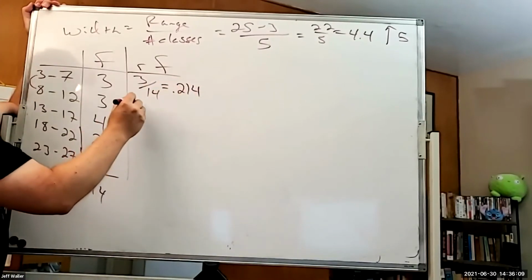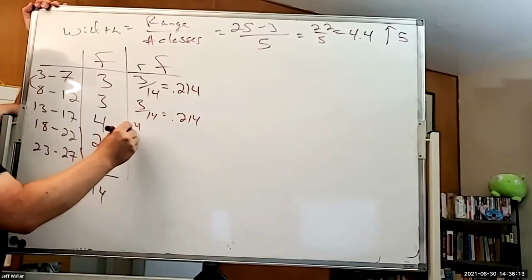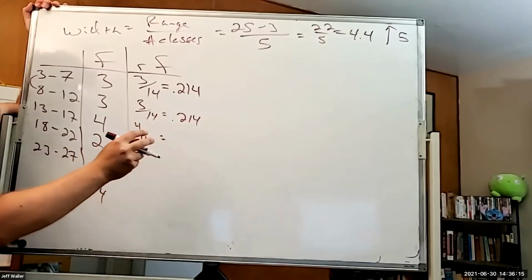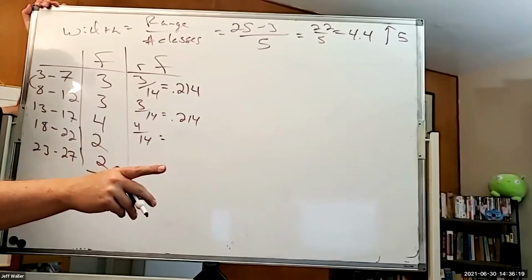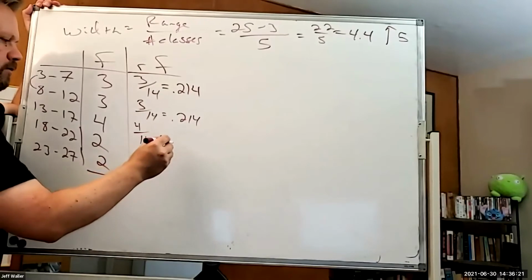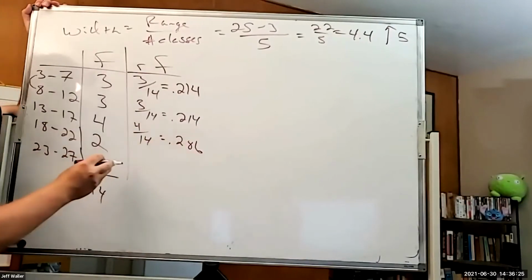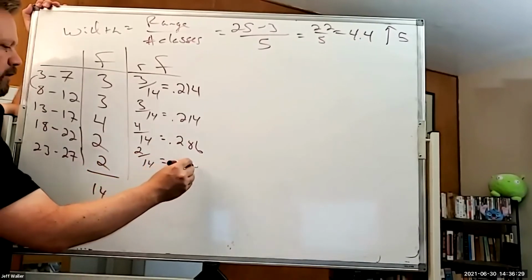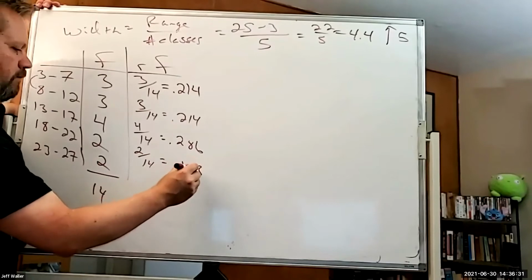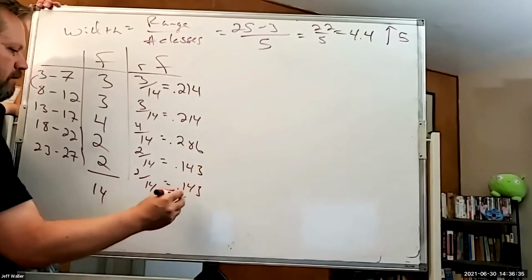So let's see, this will also be 0.2143, and then 4 out of 14 will be 0.286. And then 2 out of 14 will be 0.143.